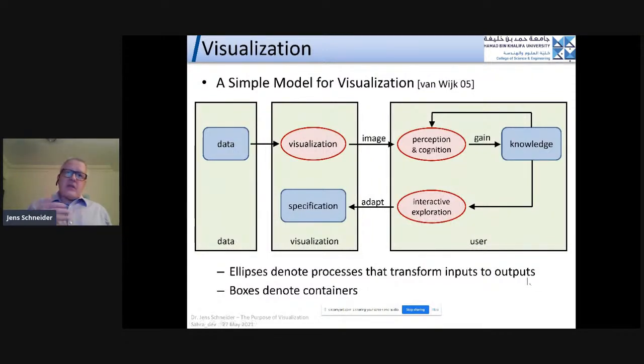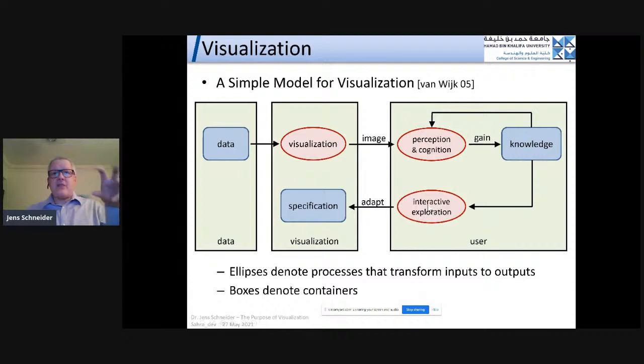So now we as a community have tried to formalize the process of visualization, and we have this very simple model for visualization where we have data that goes into a visualization pipeline, and then you give an image to the end user, and hopefully the end user uses perception and cognition. So he looks at the image and tries to understand what's in the image to gain knowledge.